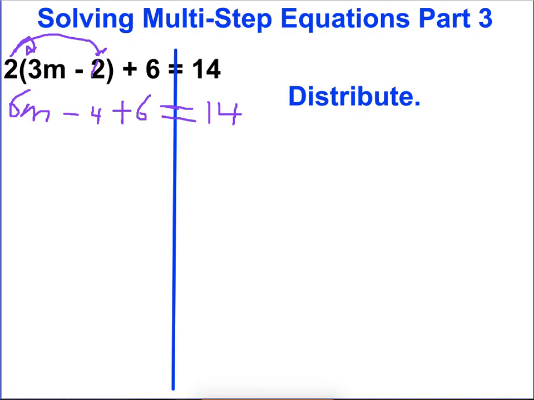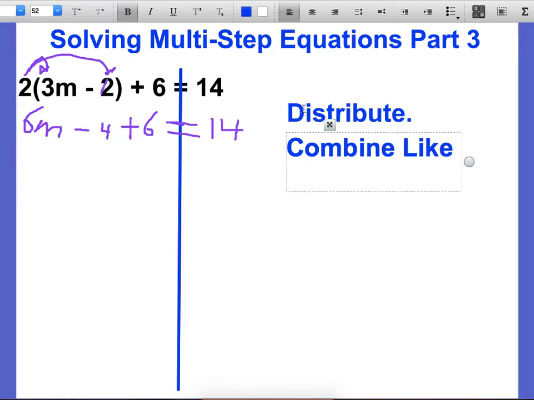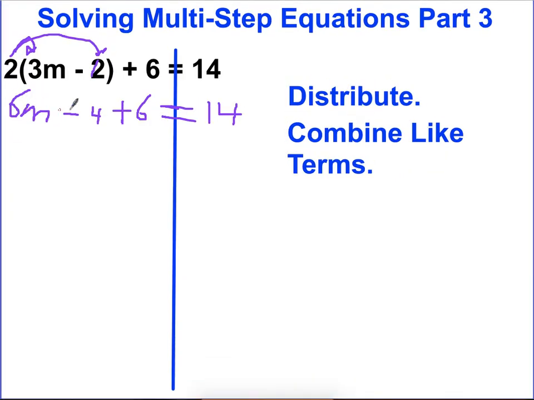All right, next step. I see a negative 4 and a 6 on the same side over there without variables. So I'm thinking of combine like terms. When I do that carefully, I'm going to say negative 4 plus 6 is going to be 2. So 6m plus 2 is 14.